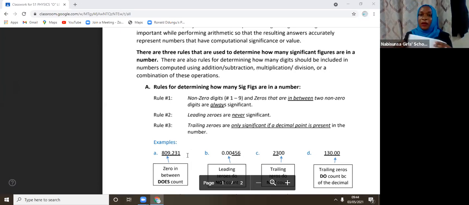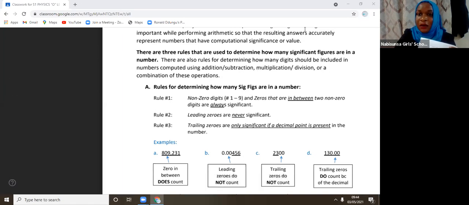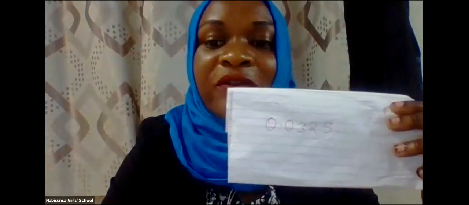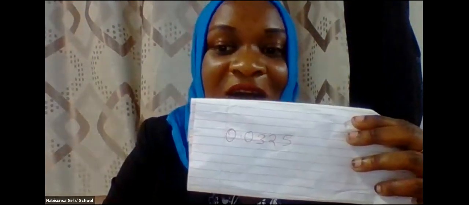How many significant figures does this number I'm displaying on the screen have?